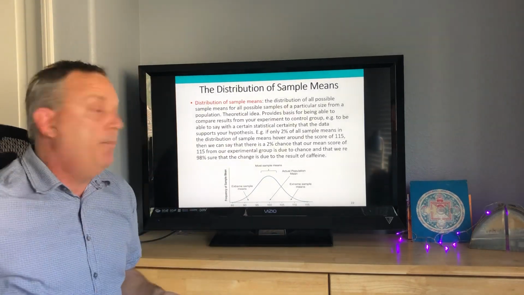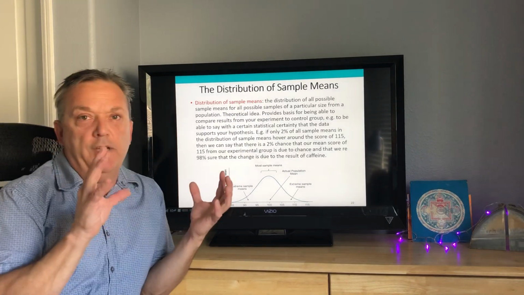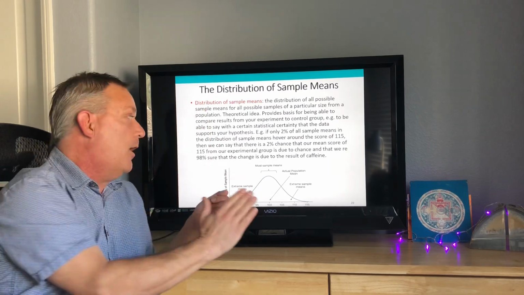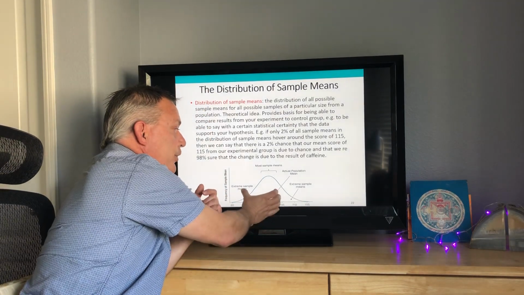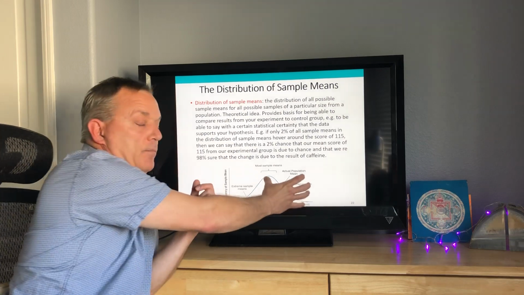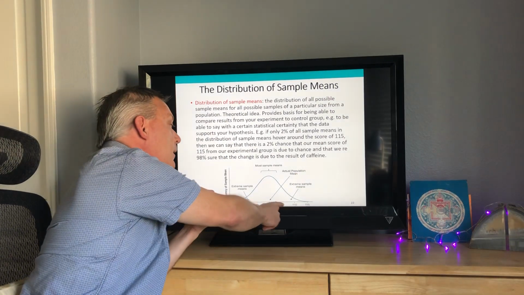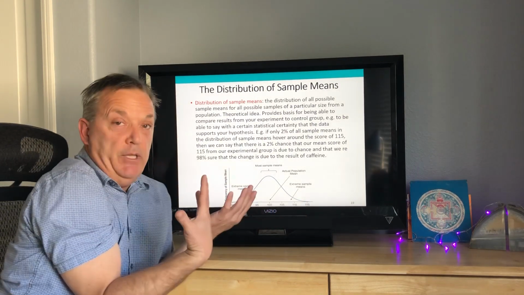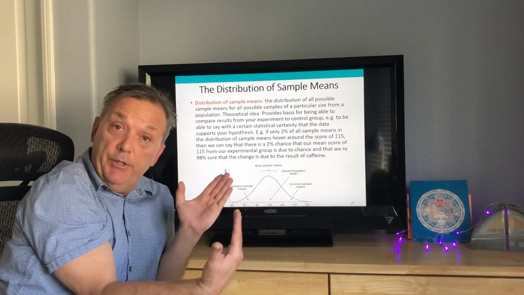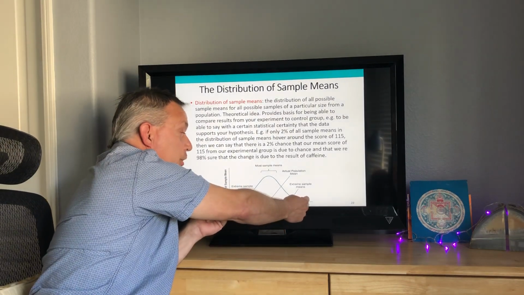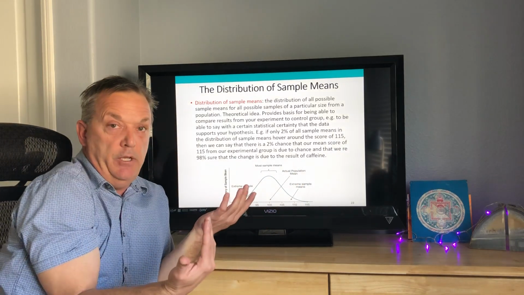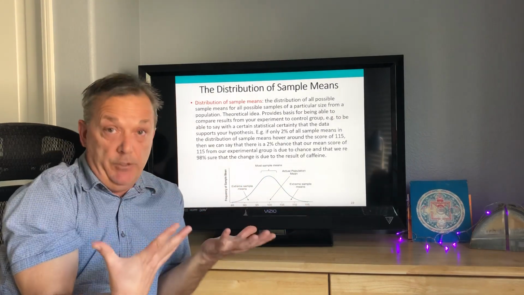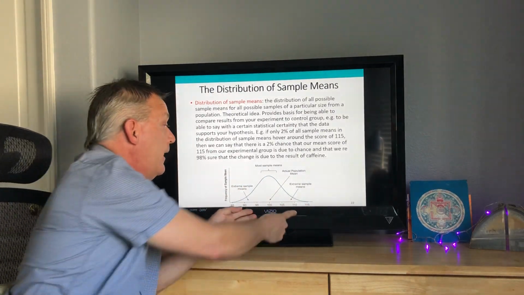It's supporting our hypothesis. And so that's the crux of the distribution of sample means, as we'll get into inferential statistics: taking a look at probability, where if you have a symmetrical distribution similar to the population mean, and you have a really high score that's different from the population mean, then you'll be able to use probability and inferential statistics to say with a certain amount of surety, in this case 2% or 98% surety, that the results were due to the experimental intervention of your independent variable and not due to error.